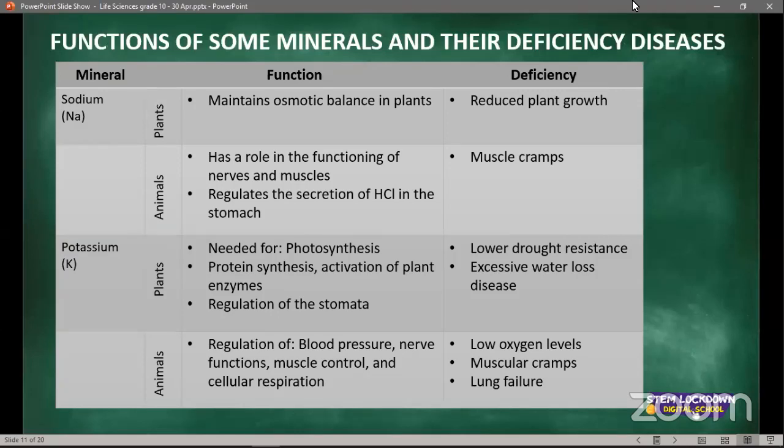And they cause or they result in reduced plant growth. Nelly's asking what is osmotic balance. So I asked what osmosis is, and I'll tell you now what osmotic balance is. Just give me the definition of osmosis.